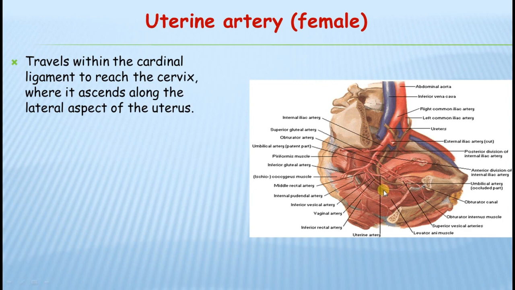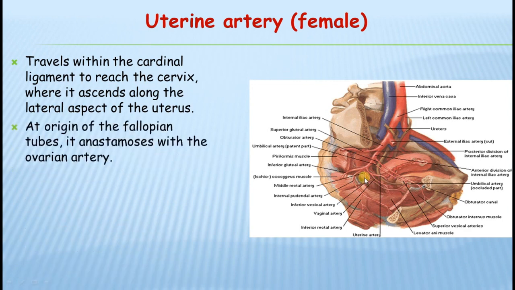It crosses the ureter in front and above, and then it runs along the lateral wall of the uterus within the layers of the broad ligament.